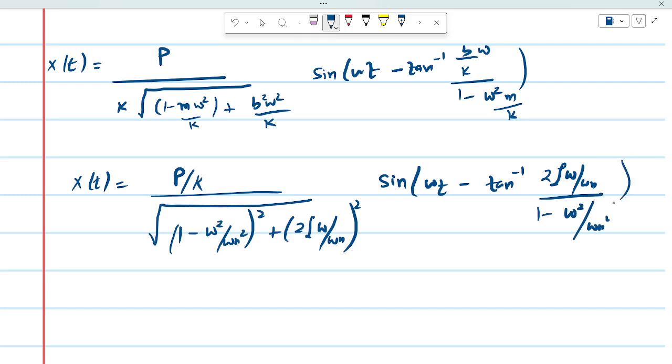You don't have to worry about this lengthy derivation. It's just to show you how we reach a particular solution. Here the p over k is called the static deflection, and I will let you know what it is.